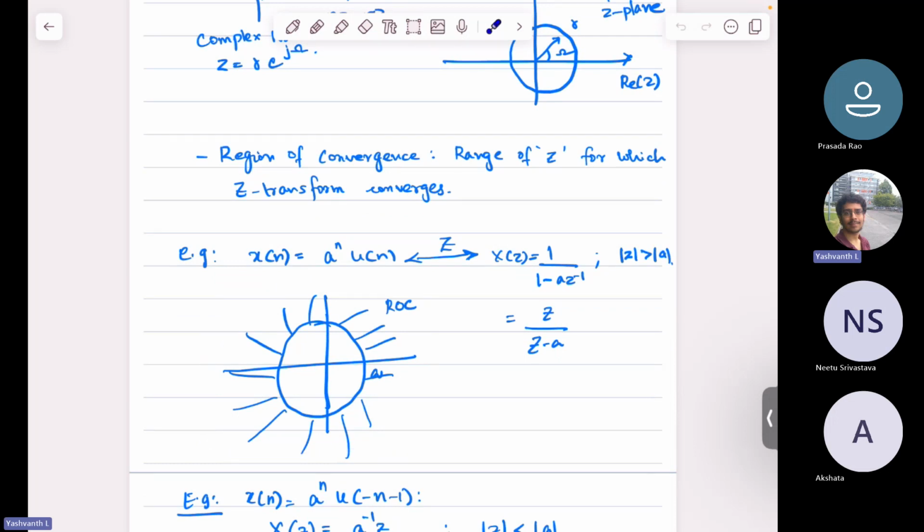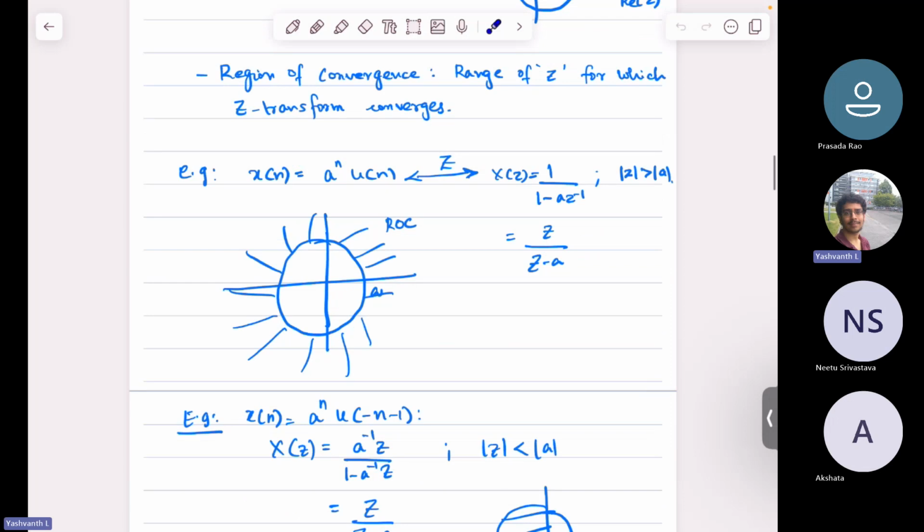If I draw a circle centered about the origin with radius a, any complex number lying outside this circle will constitute the region of convergence. This mod z greater than mod a essentially represents the locus of all points that lie outside the circle centered at the origin (0, 0) with radius a. So that is basically this example.